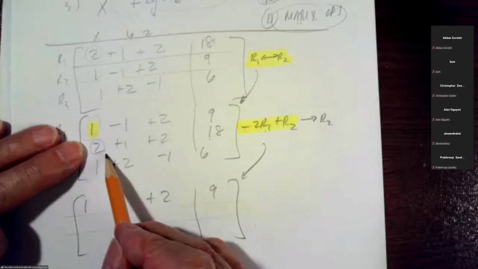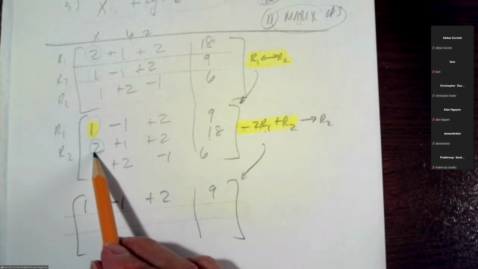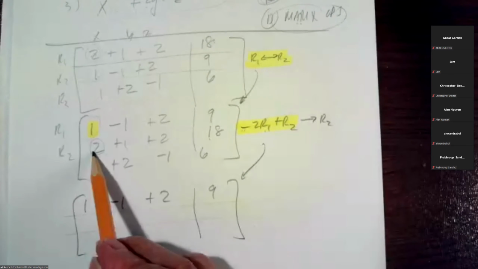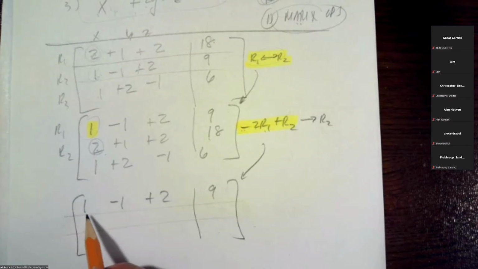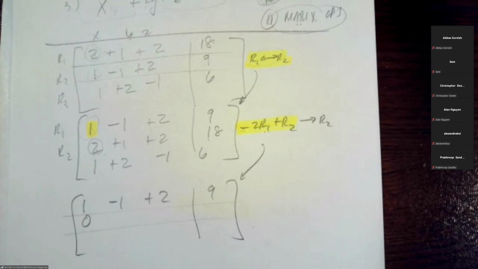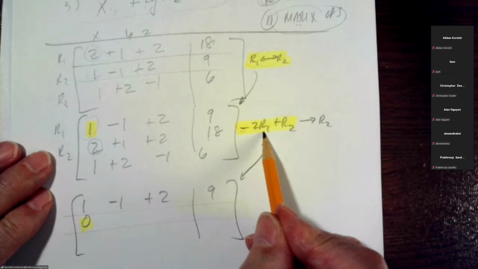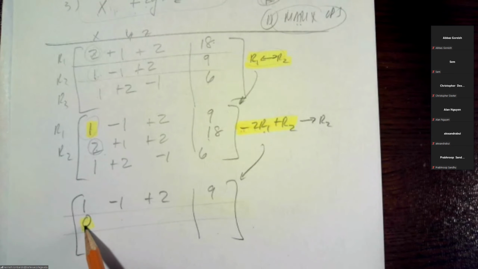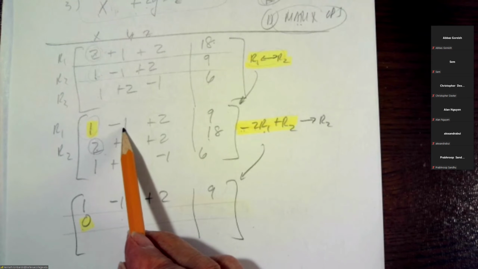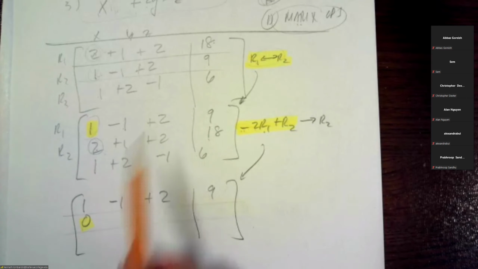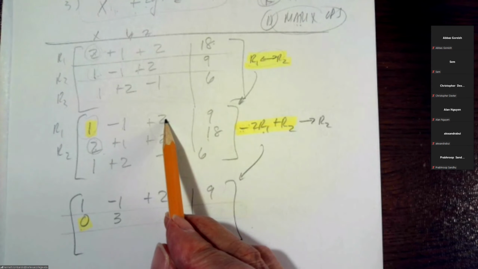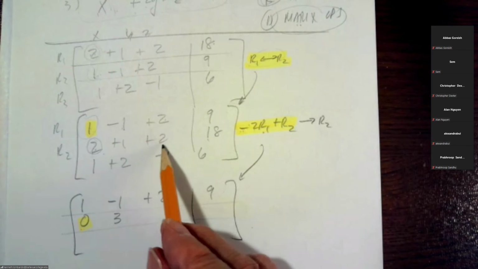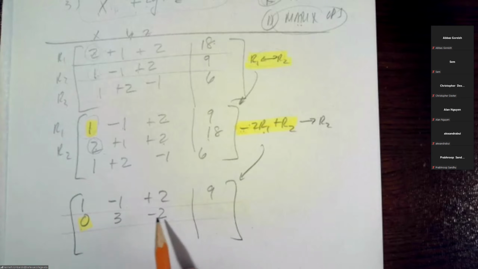But row 2 now, if we multiply row 1 by -2, I get a -2 here. Add it to row 2, -2 and +2 is 0, which is what I wanted to get there, wasn't it? That was the objective. So by doing this row operation on row 2, I get 0. And then -2 up here gives me a +2, plus 1 gives me a 3. -2 here is -4, plus 2 gives me a -2.